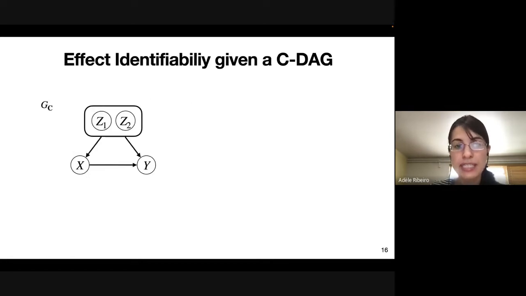Just as an example, this is a simple case where we don't know the relationships between Z1 and Z2. That's why we put both of these variables in a cluster. And then we can identify the effect from this causal diagram. And this is the expression. I'm not going to go into details because there's no time for that. But this is called backdoor adjustment.